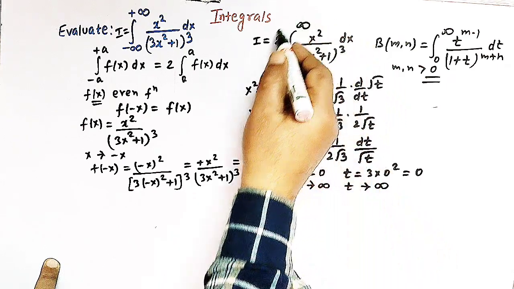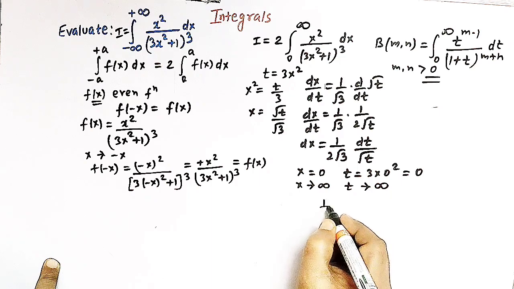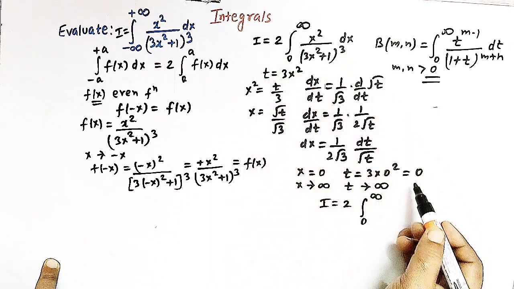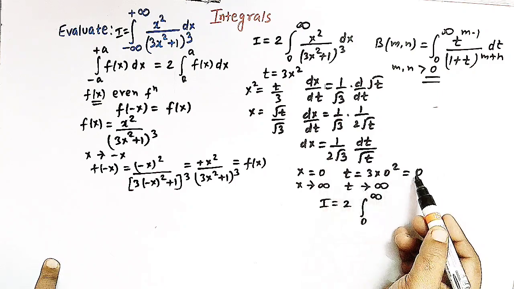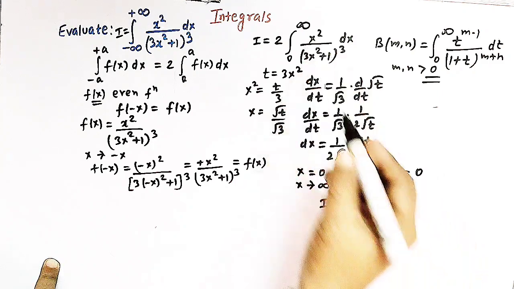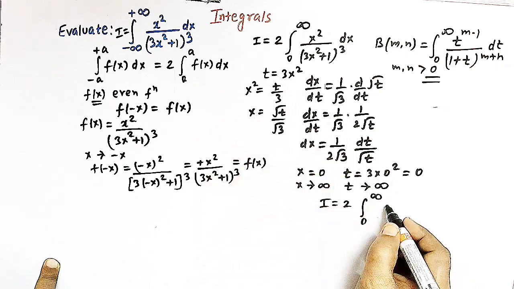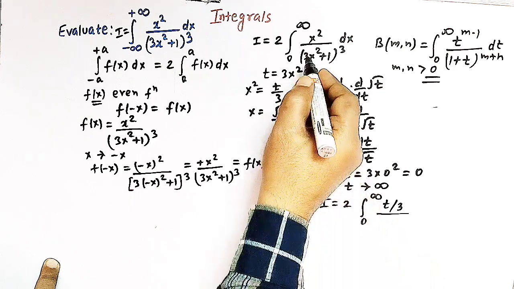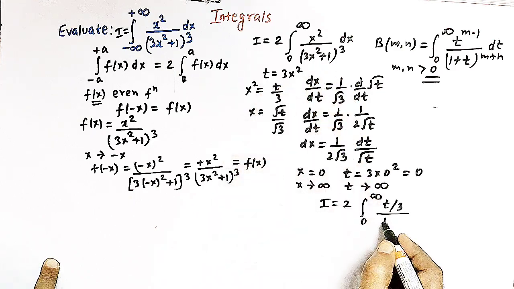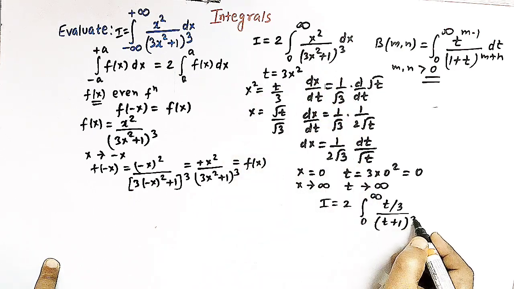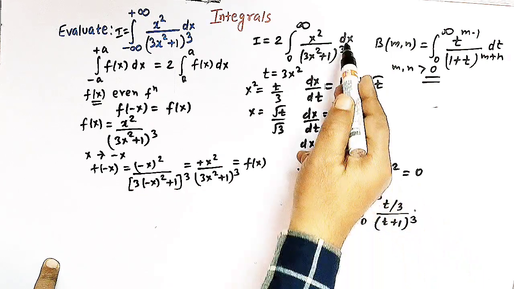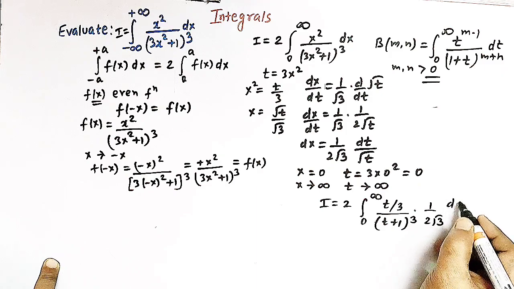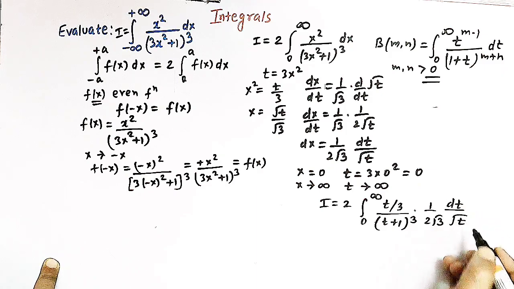So now we can write this integral I as 0 to infinity. The limits remain the same, that is 0 to infinity. For x square, we can write t over 3, and here we have 3x square is equal to t, so we have (t plus 1) cube, and dx is replaced by 1 over 2 root 3, and dt over square root of t.